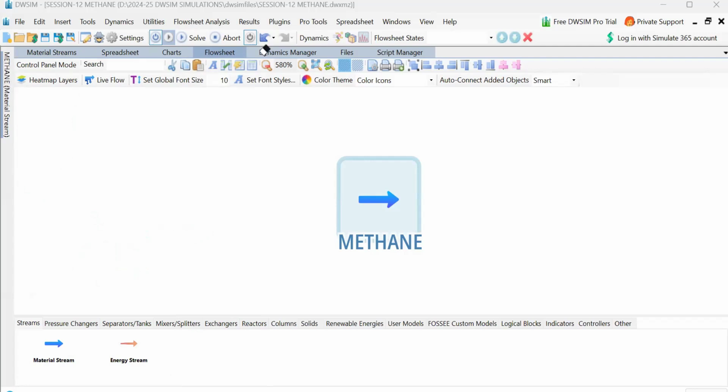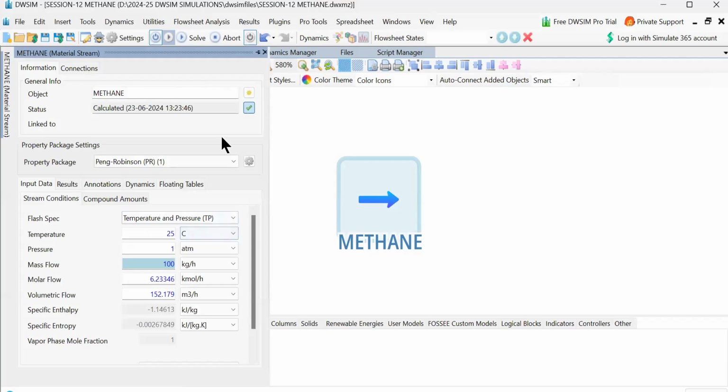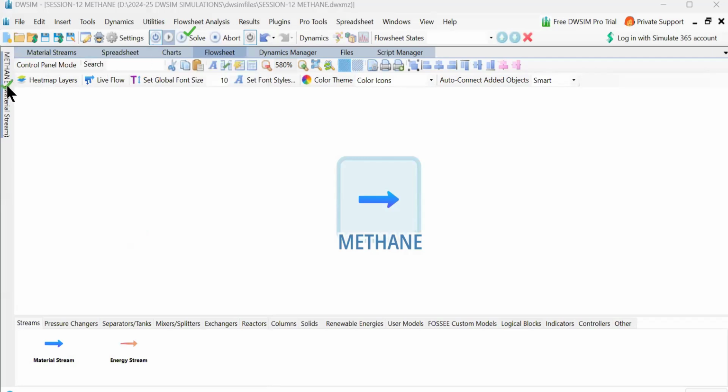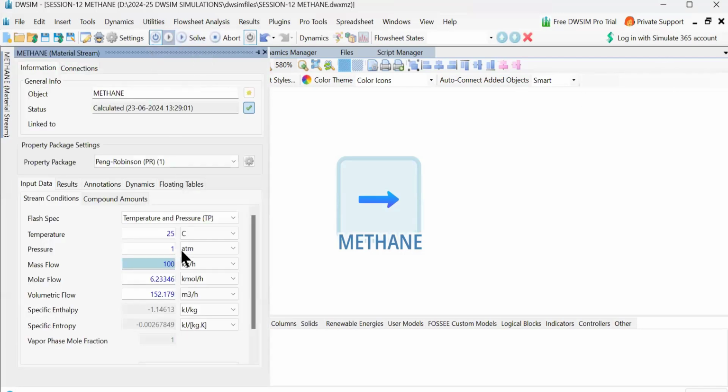Now let us go to the stream again. Now I want to solve this problem. So if I click here and solve, at the topmost you can see there is a solve option. So you can check there and then you can run the program. Now if I go to the solve, it is solved.